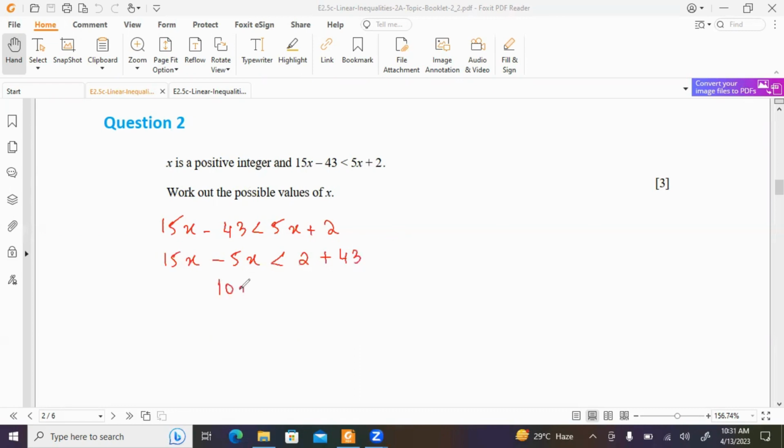That's going to be 10x less than 45. So x is less than 45 over 10, which is 4.5. Now it says work out the possible values of x, and it's a positive integer. That means x can be 4, x can be 3, x can be 2, x can be 1, and maybe 0.